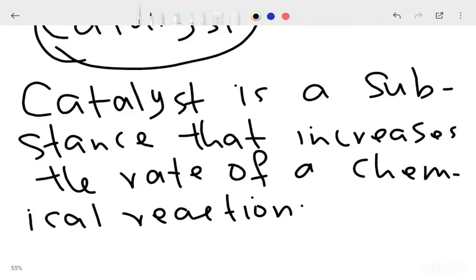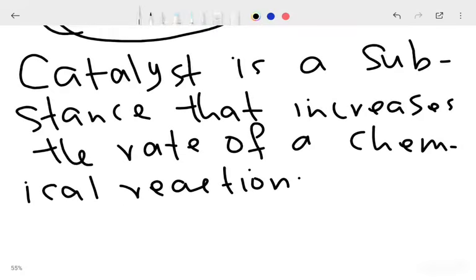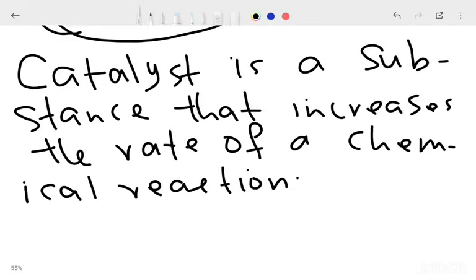So this is the duty of a catalyst. Okay, so let's write something else. Certain substances are used to alter the rate of a chemical reaction.